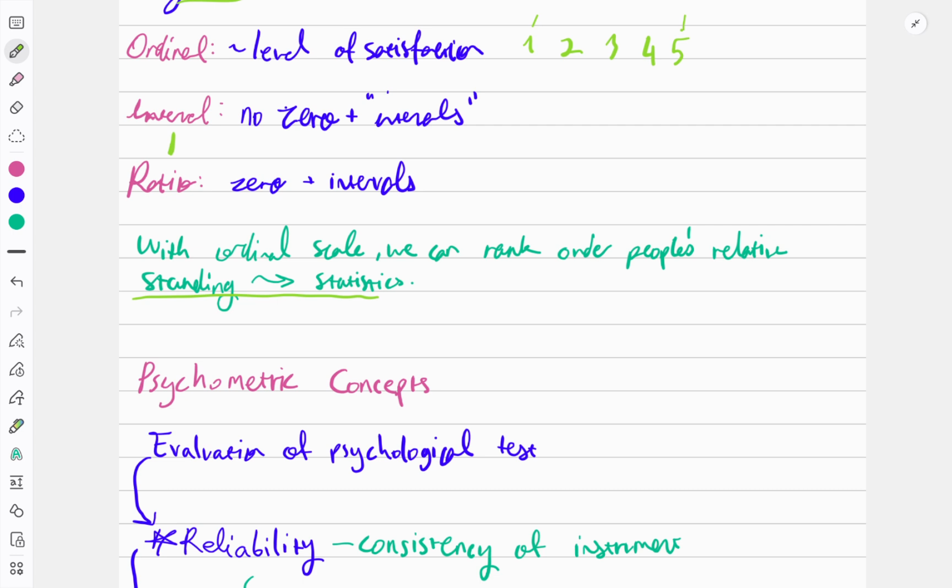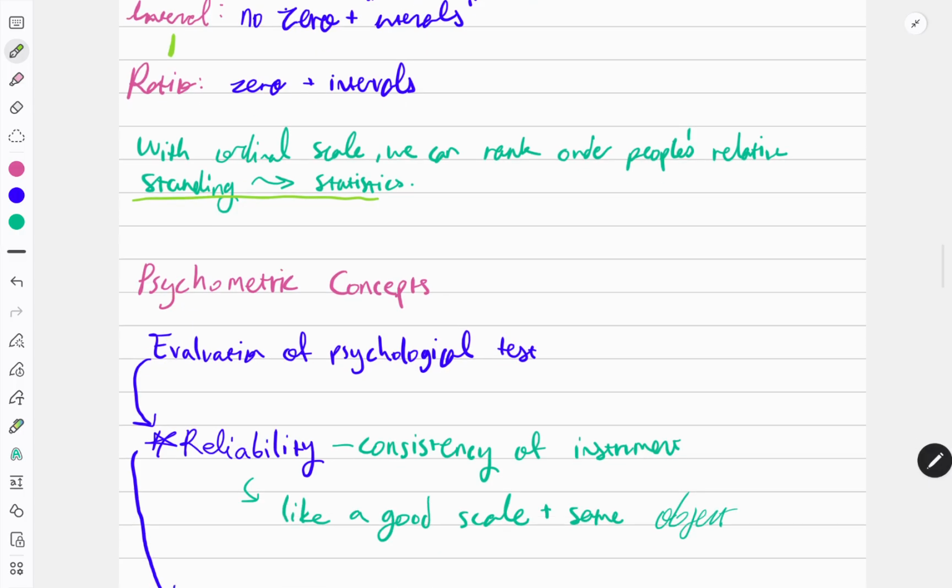So we need to ask them to pick a number from 1 to 5, 5 being the highest, like I'm extremely satisfied, and 1 being I'm disappointed, I don't like the cafeteria, I don't like the food. So we need ordinal scale in order to analyze the answers.